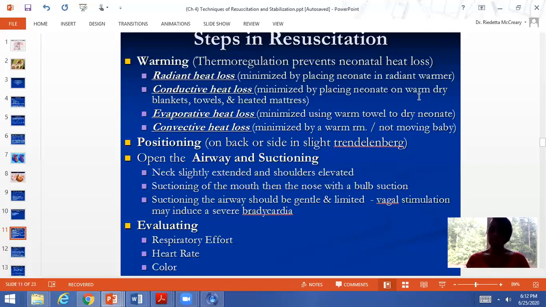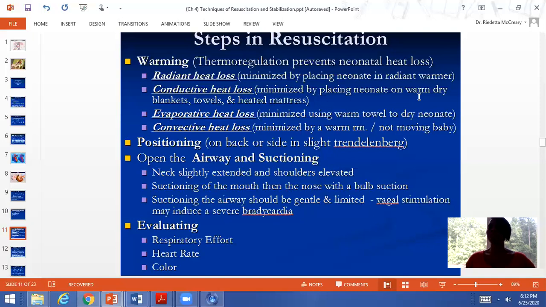You just take that rag, roll it up, and put it under their shoulders, and it gives them that slight elevation, which will cause the head to drop back slightly. You don't want to hyperextend where their head is way back, and you don't want their chin on their chest. You just want that slight lift of the shoulders, which will allow their head to fall back just perfectly so that you can be sure to have their airway open properly.